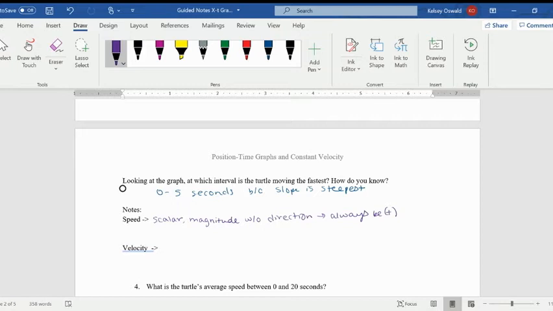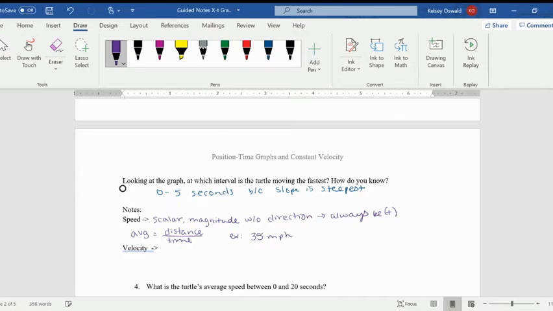In order to calculate our average speed, we are going to take the distance that our object traveled divided by the time that it took to travel that distance. An example of this could be 6 meters per second or, let's say, 35 miles per hour.